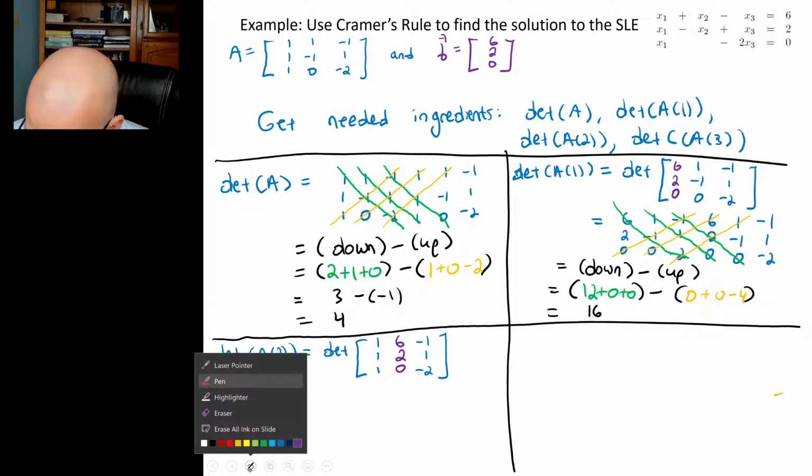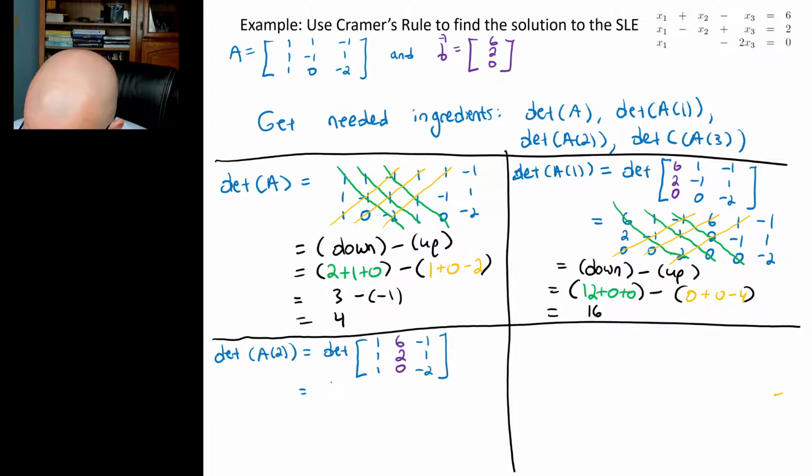Then we're going to make 2 copies. 1, 1, 1, 6, 2, 0, negative 1, 1, negative 2, 1, 1, 1, 6, 2, 0, negative 1, 1, negative 2. And then we have down products minus up products.